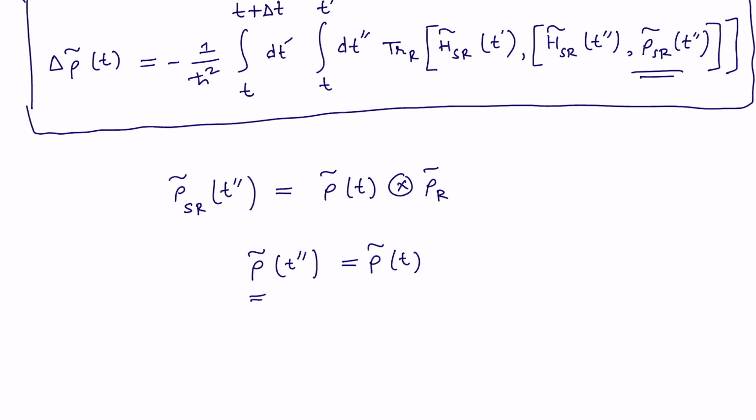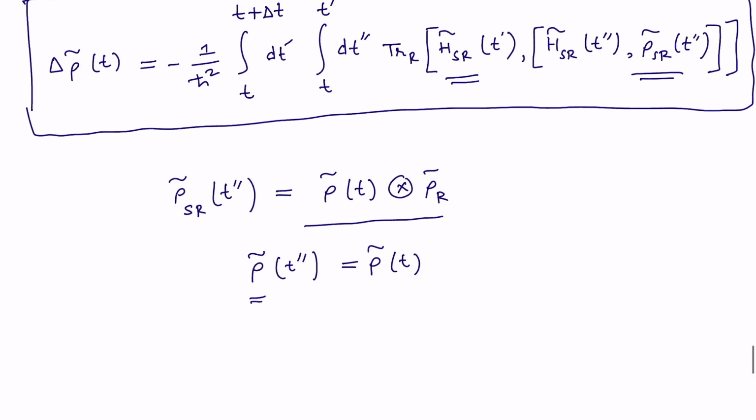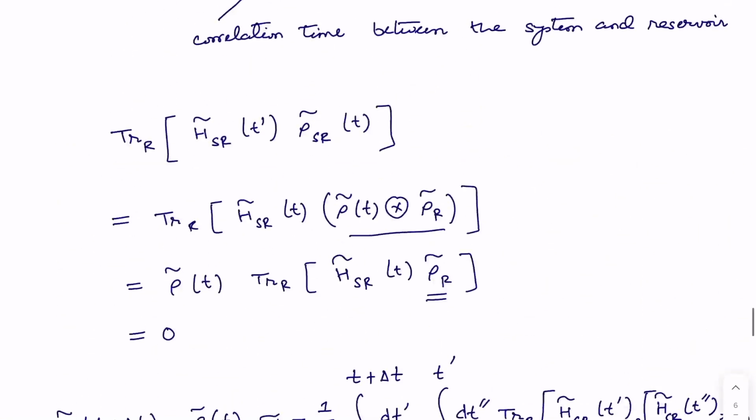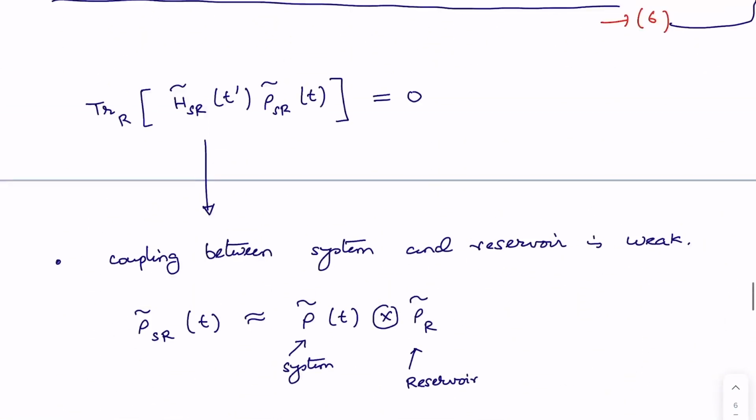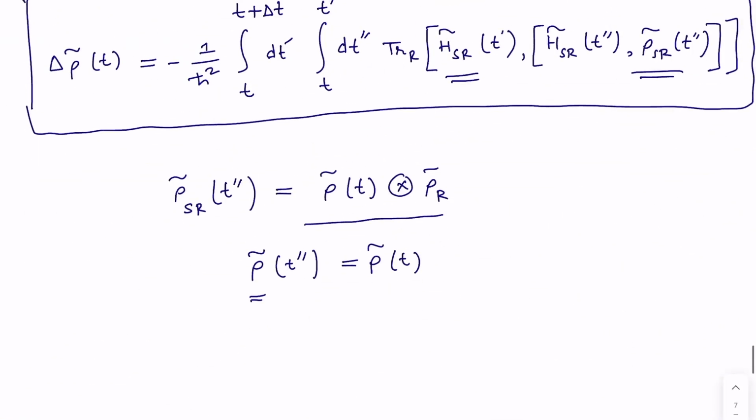Moreover, let me emphasize once again that this factorization is possible because the reservoir is quite large compared to the system. This is also the reason why the interaction Hamiltonian H tilde SR induces only a very weak perturbation. Now, to deal with this equation, let's say this is my equation number 7.